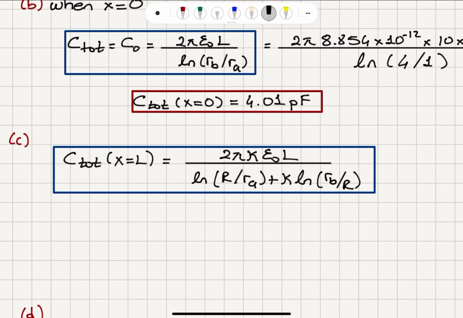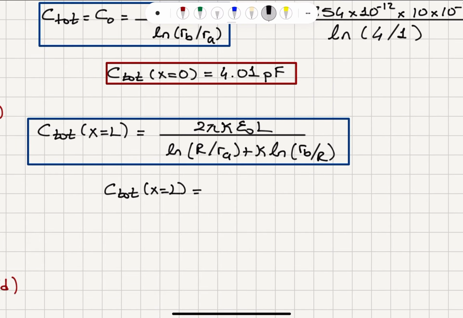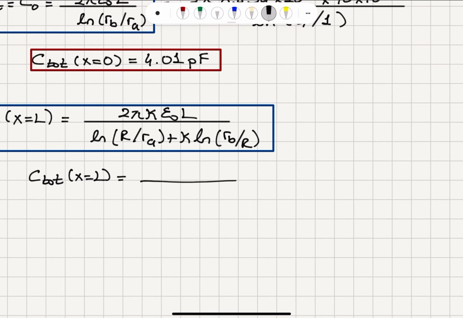And if we plug in the numbers, C total when the insertion distance is capital L is equal to 2 pi, kappa is 3.21, times 8.854 times 10 to the minus 12, epsilon 0.